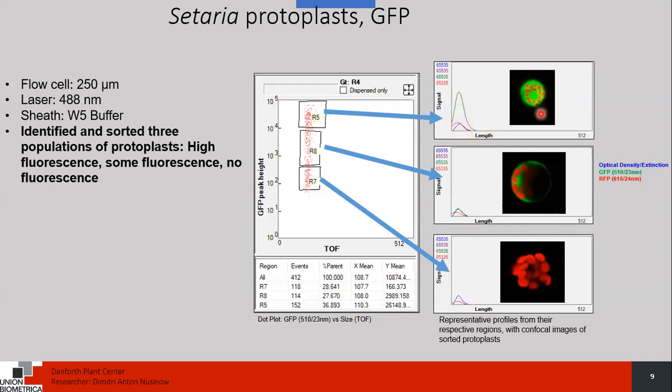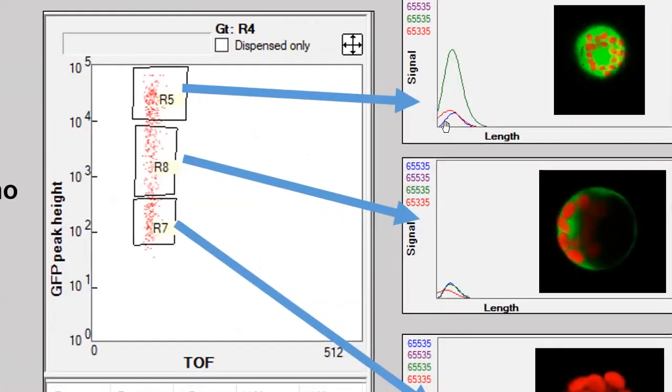And this is what we're showing you here, that this particular protoplast that was high green also has in the profile a very high green signal.